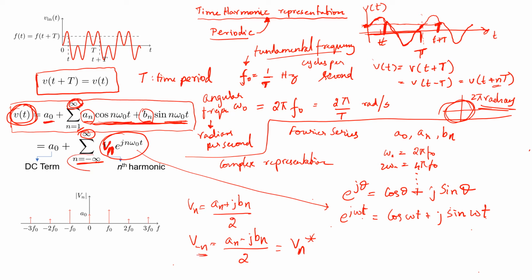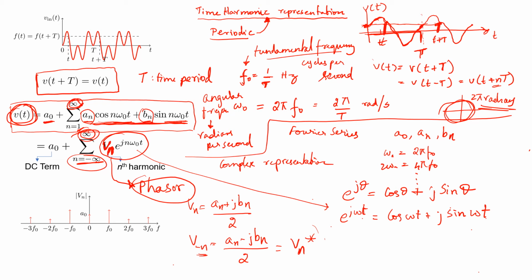Since this runs from negative infinity to positive infinity, n can be both positive and negative. The coefficients for the negative values are going to be the complex conjugate of the positive values. So in general, we see that this Vn is a complex number, and this complex number is what we call a phasor, which we will see later.